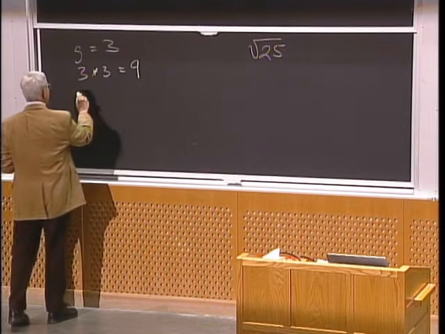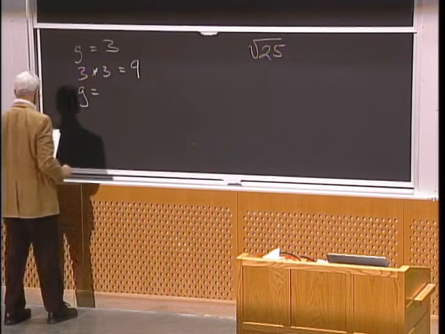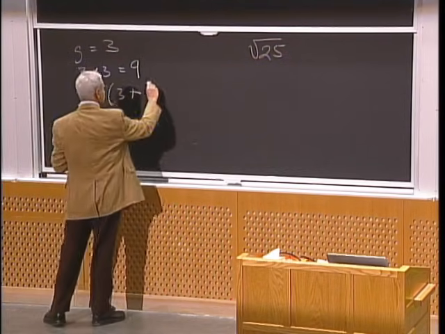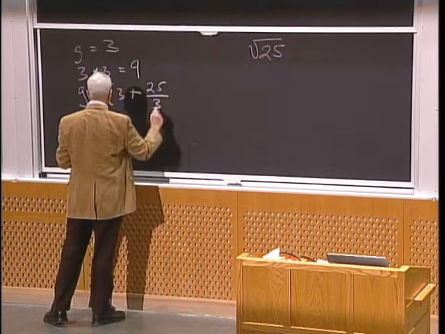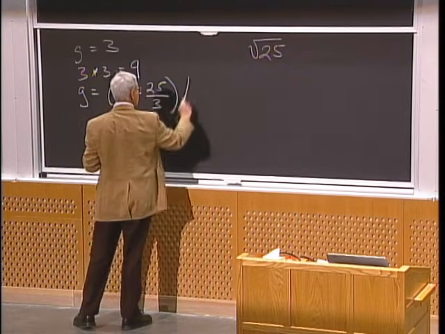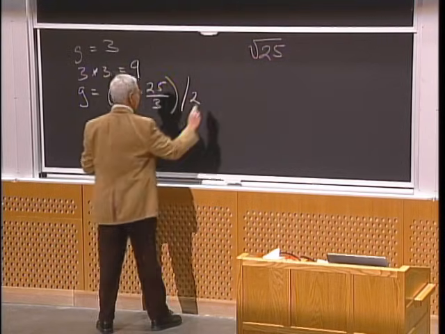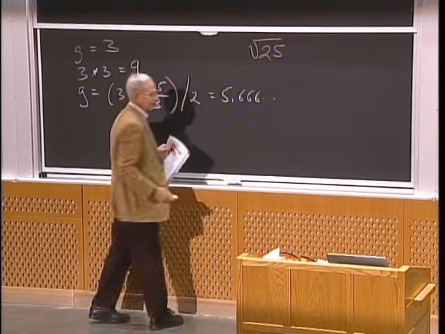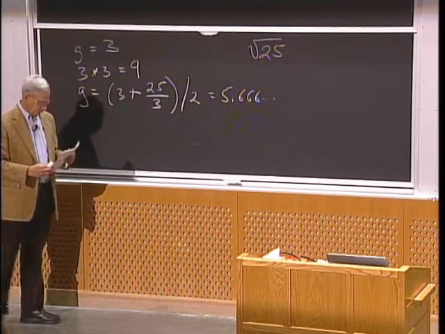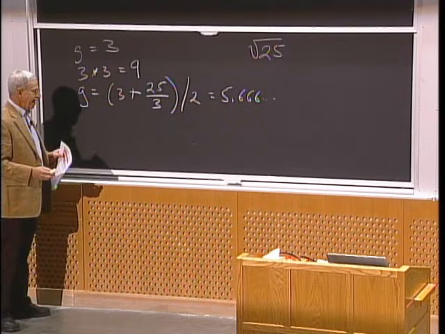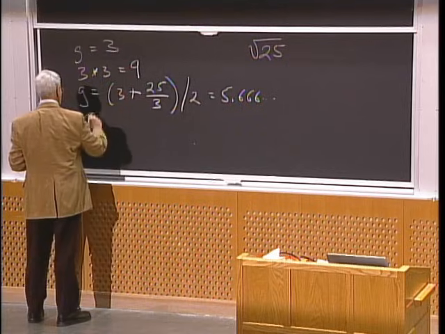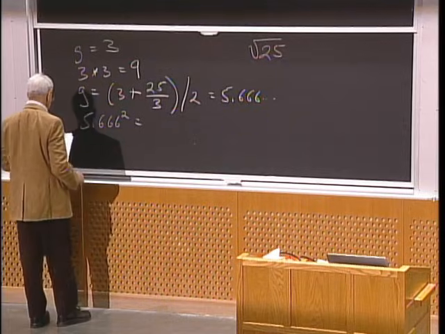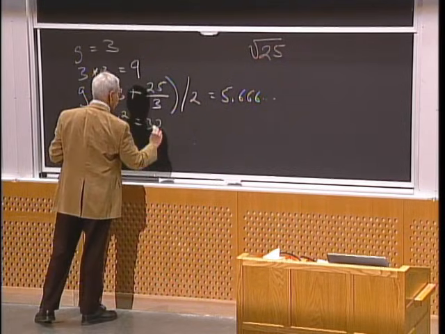So we'll reset G. And we'll set G to (3 plus 25 over 3), all of that over 2, which equals 5.6666, et cetera. All right, so now we'll multiply that by itself, and that gets to be about 32.04.